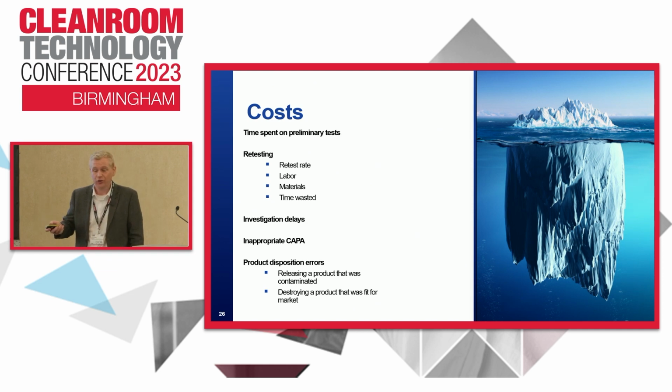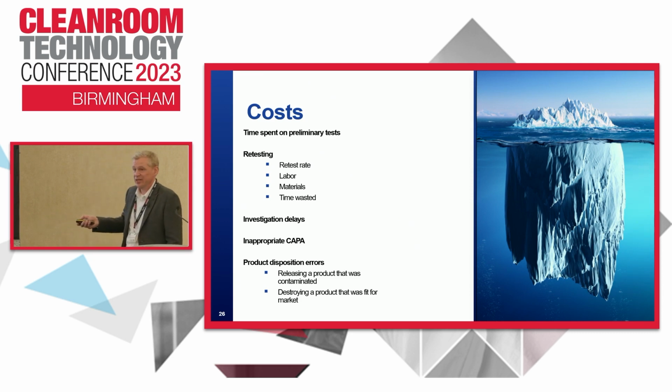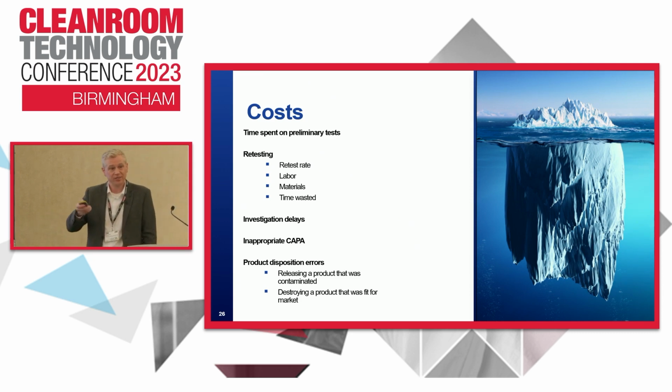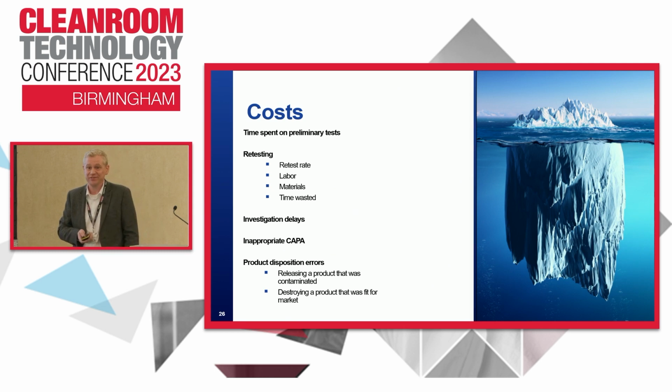You might not get to root cause, or you might develop a CAPA you think will address the issue, and it's the wrong organism you're trying to address. And you may have product disposition errors. Potentially, you could release a product that was contaminated, as I said, like a non-sterile with something in it that shouldn't be there. Or you might destroy a product that actually was fine. Most batches of pharmaceutical products cost a lot of money. So these are all hidden costs of a misidentification.